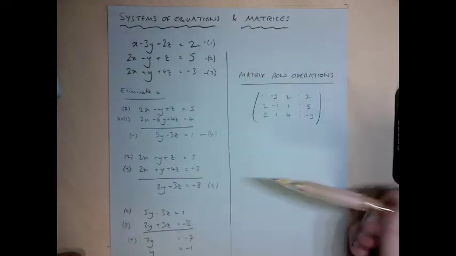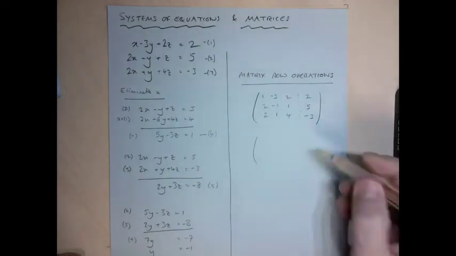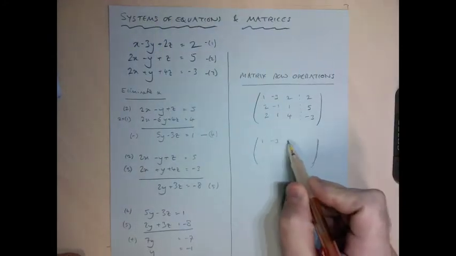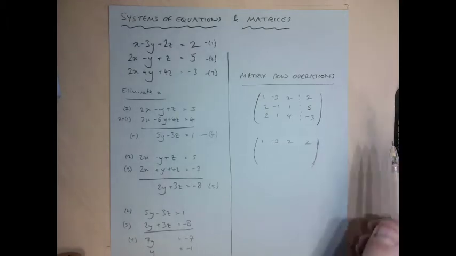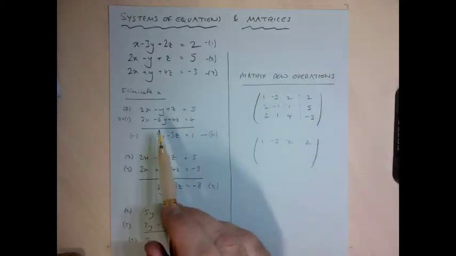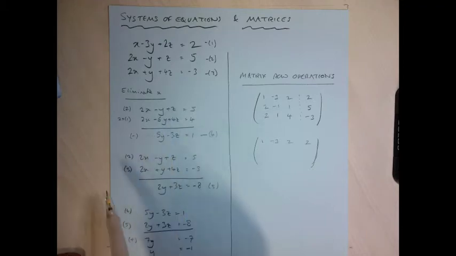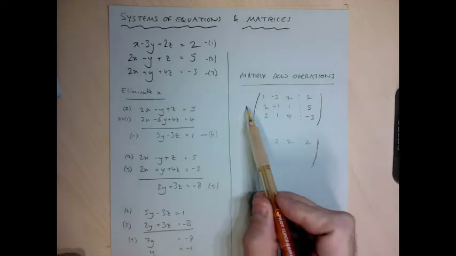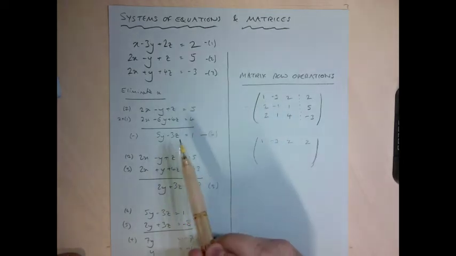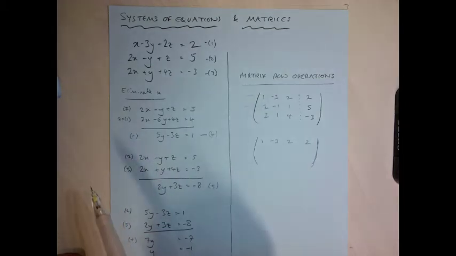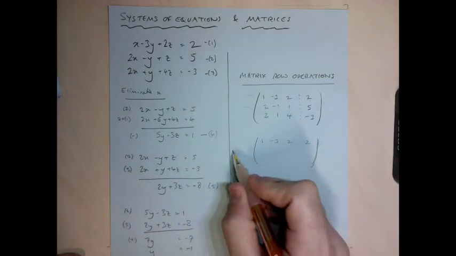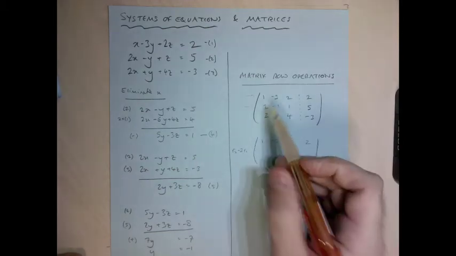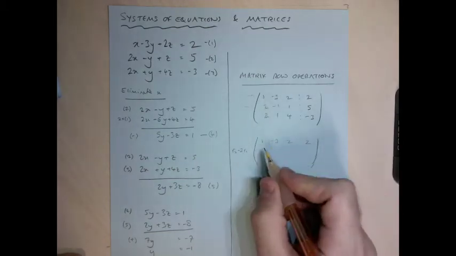What I'm going to do here is leave the first row the same: 1, minus 3, 2, 2. In my first step over here, I was eliminating an x using equations 1 and 2. That was equivalent over here to taking the second row and subtracting two lots of the first row. So this is going to become row 2 minus 2 lots of row 1. 2 minus 2 lots of 1 is 0.